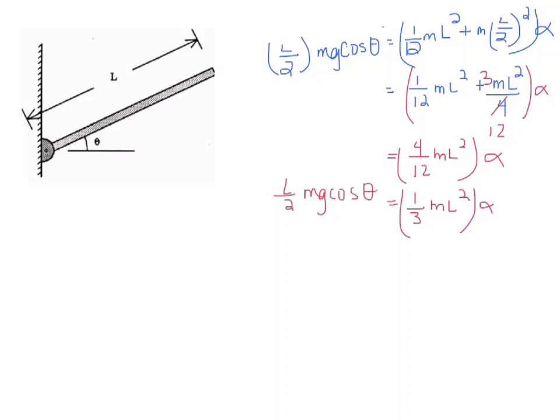That simplifies down to, and again, here we're trying to solve for our angular acceleration, one of our L's is going to cancel out, the masses will cancel out, and we're left with 3/2 g over L cosine theta is equal to our angular acceleration.